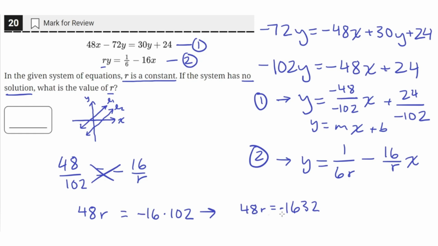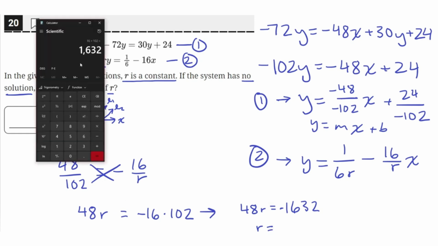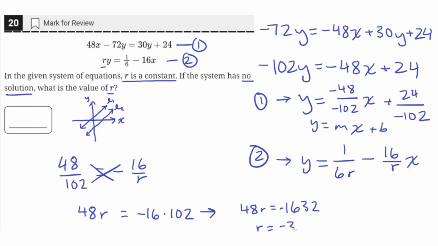And then we can divide both sides by 48 to find the value of r. 1,632 divided by 48 is equal to 34. And this will be negative since the 1,632 was negative. So negative 34.